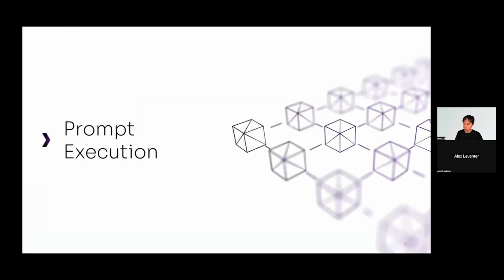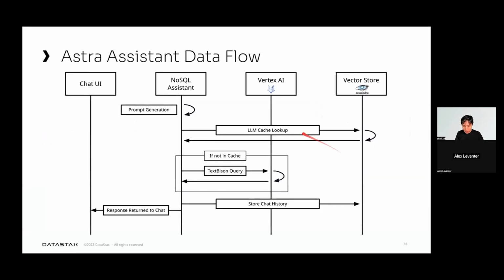All right. So we've talked about generating the prompt. Now let's talk about execution of the LLM. We start from after the prompt is generated. The first thing we do, instead of calling the LLM directly, is a cache lookup. We call the vector store to see if that particular question has been asked before.